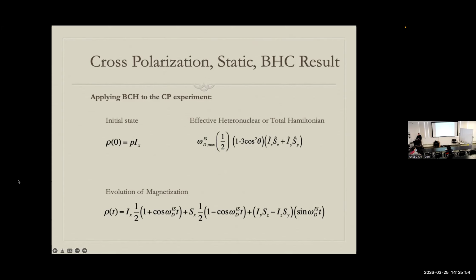This I think I would choose for my stopping point so that there will be a little bit of time for problems. We've gotten to where we see an expression for the evolution of magnetization getting moved from proton X to carbon X because we had two spin locks. It is a function of the dipole coupling.